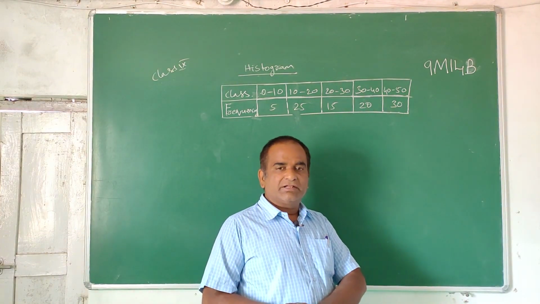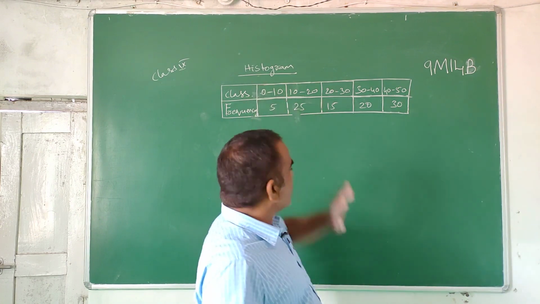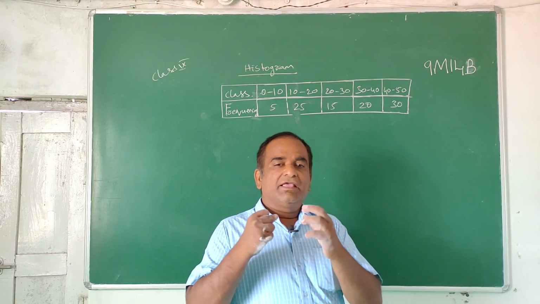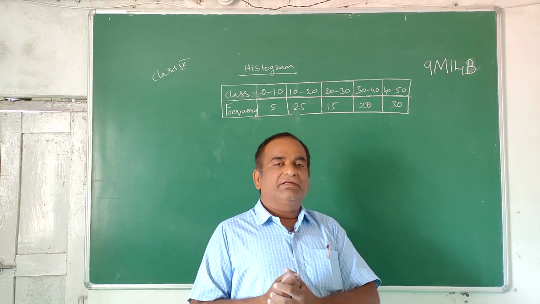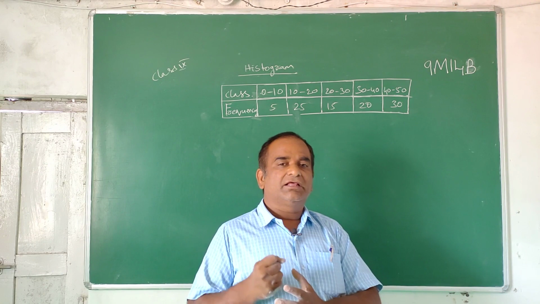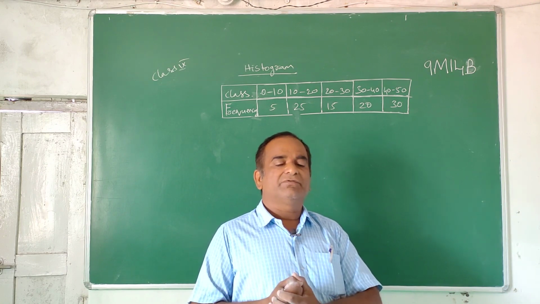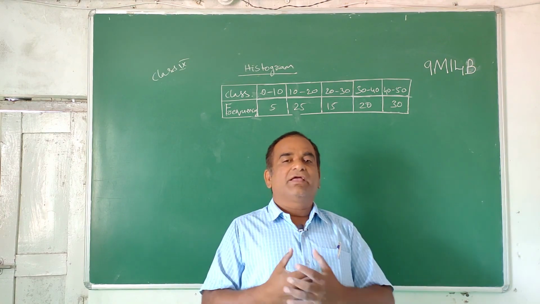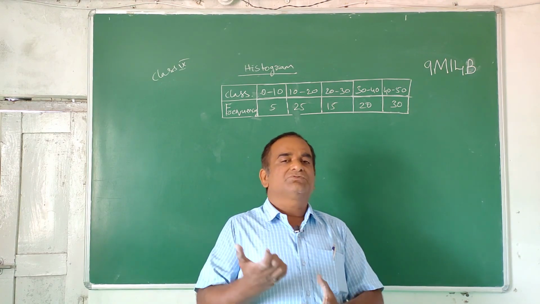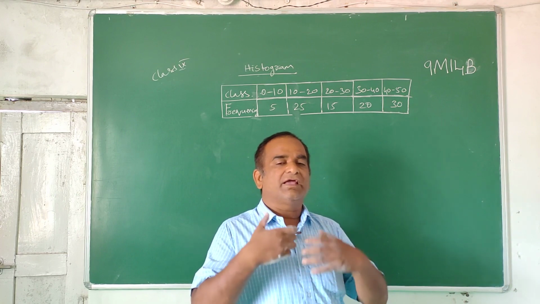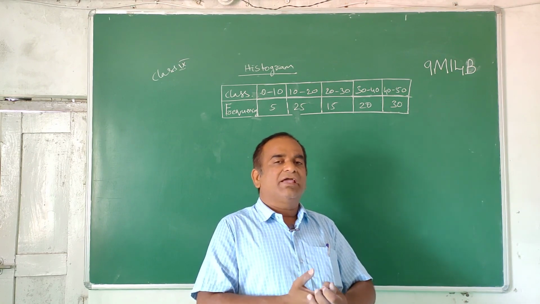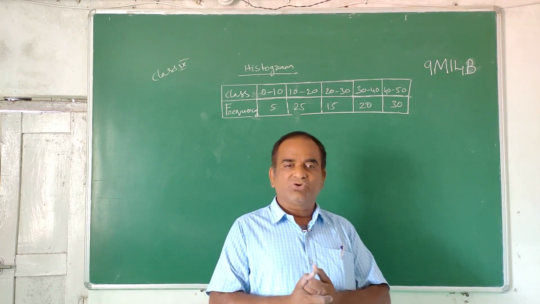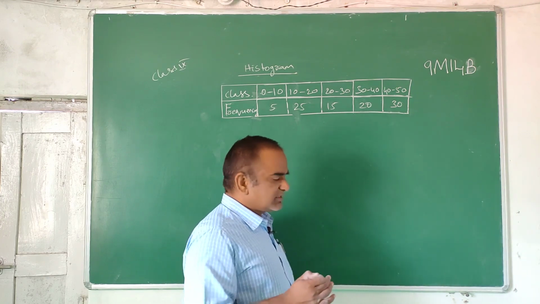Now dear students, we are learning histogram. Histogram means, if a grouped frequency distribution is in continuous form, that is in exclusive form, and a continuous grouped frequency distribution is expressed graphically using bars, then it is called histogram.